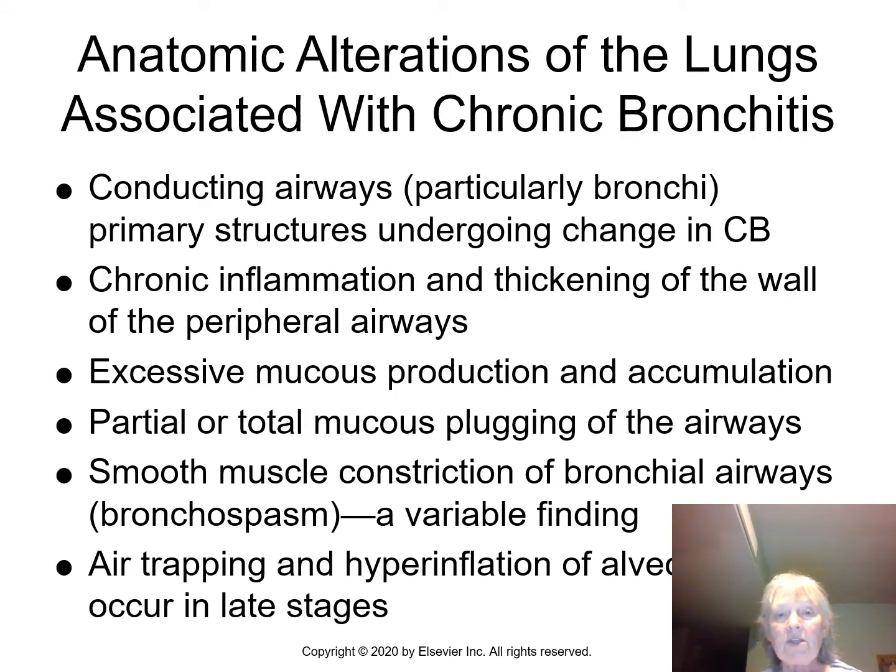So some of the other things we see, as you can see, is that there's a lot of changes or airway remodeling happening with these two diseases. There's inflammation, thickening of the wall, the peripheral airway. There's an increase in the number of the submucosal glands. There's an increase in the number of the goblet cells, a decrease in the cilia, and as a result of that, what we're seeing is more mucus production, and it accumulates because we don't have the cilia to move it upward.